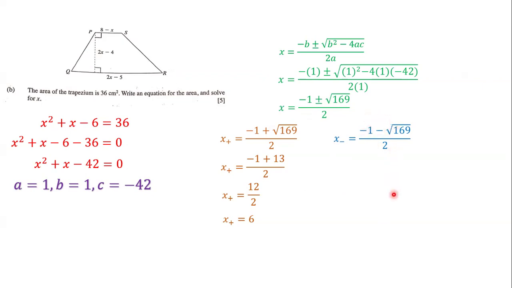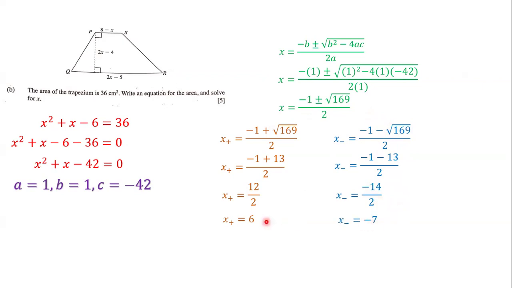The square root of 169 is 13. And so we have negative 1 minus 13, which is negative 14. So we have negative 14 divided by 2, and negative 14 divided by 2 is negative 7.